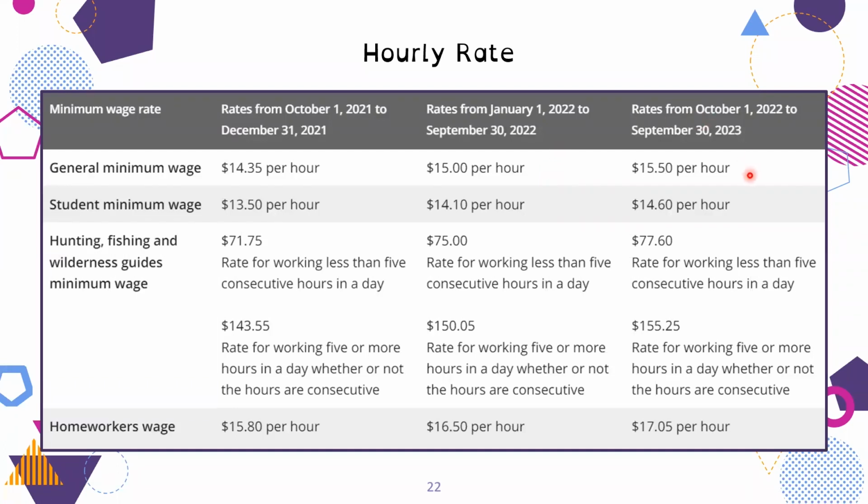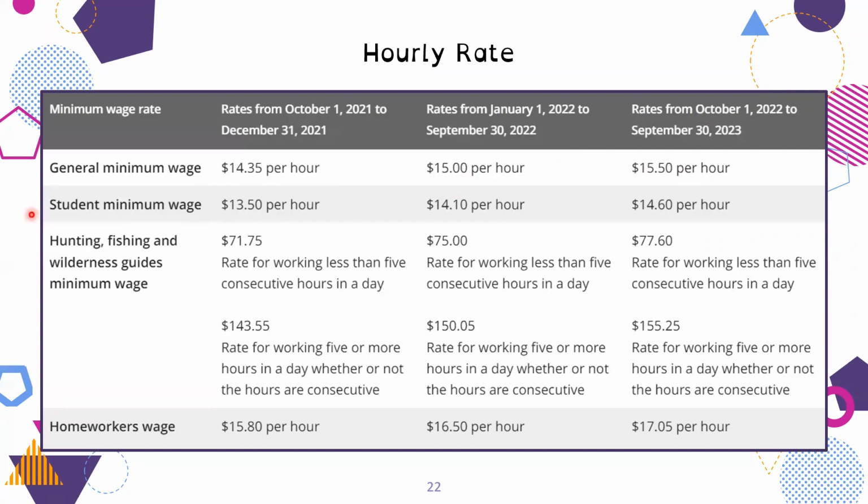So it's already increasing. It's increased over $1 within a year, and that's pretty amazing. Folks are working really hard to make sure that people are getting a living wage and continuing to improve that so that folks can survive. So in this course, we'll be working with minimum wage being $15 an hour because that's what it currently is. When we talk about minimum wage, we're talking about $15 per hour.